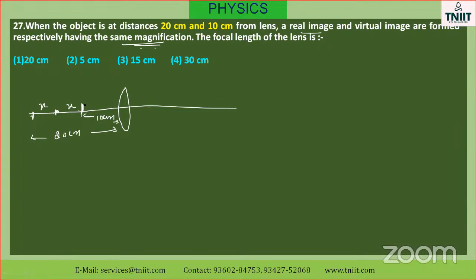Now what is the focal length of the lens they are asking? Focal length plus this x value is equal to the first object distance, 20. Focal length minus x will be equal to 10. Somewhere here we are having a focal length.